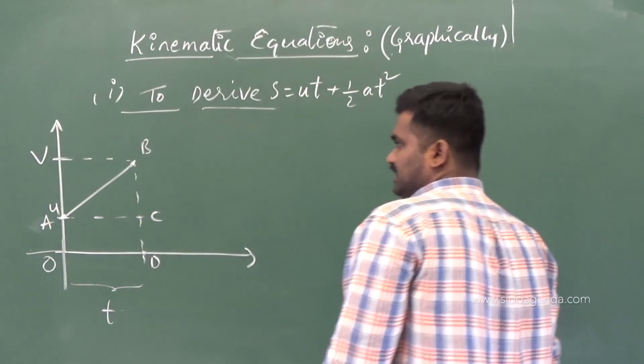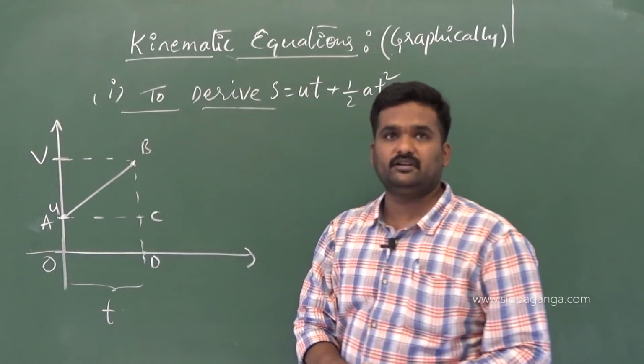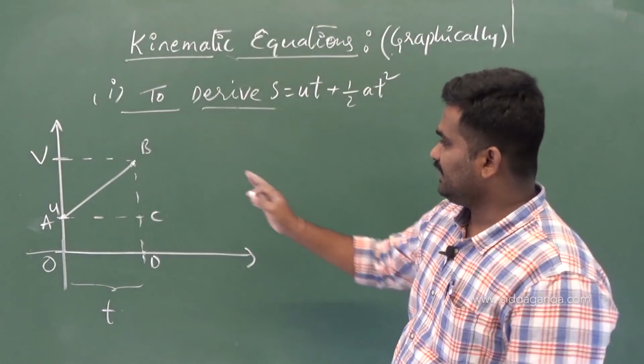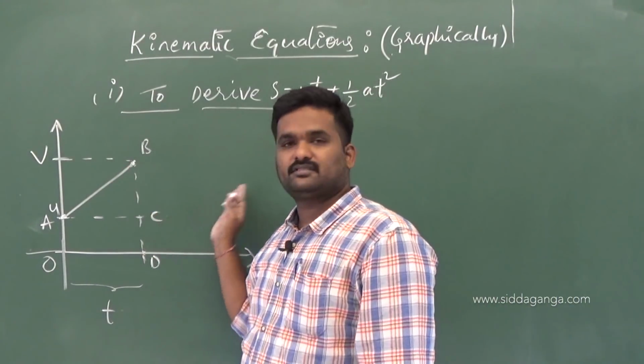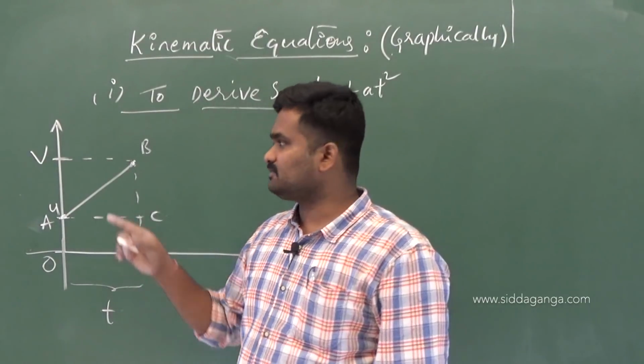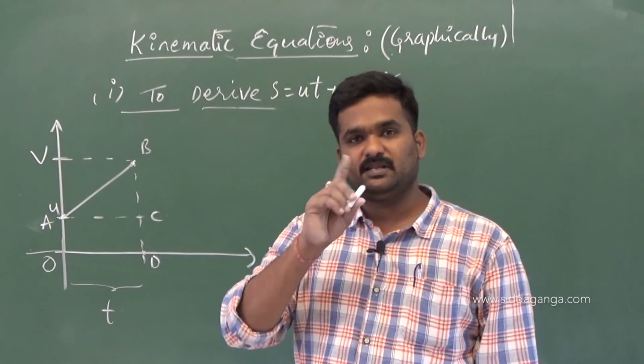When we have written the velocity time graph, one more point I made you note there. What's the point we have written? This slope of VT graph gives acceleration, no doubt. But what does the area under the velocity time graph give? Area of VT graph gives displacement, we have written.